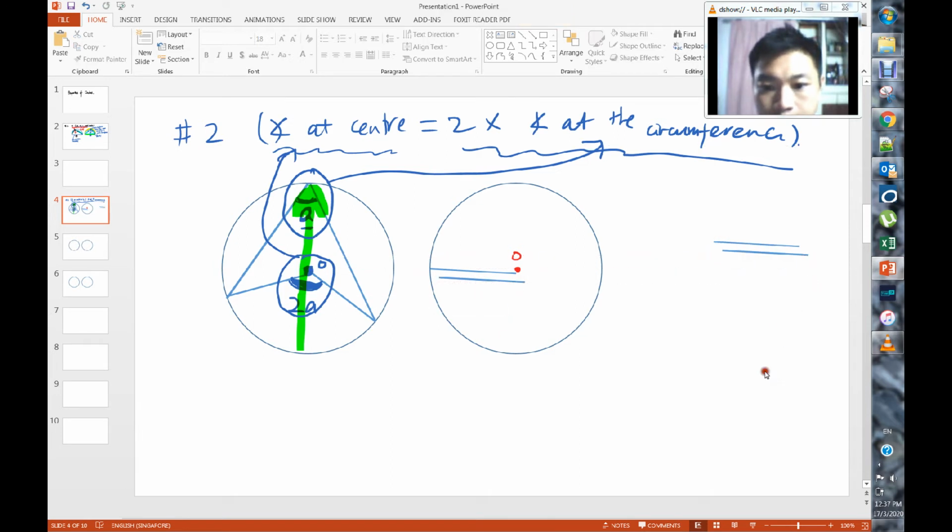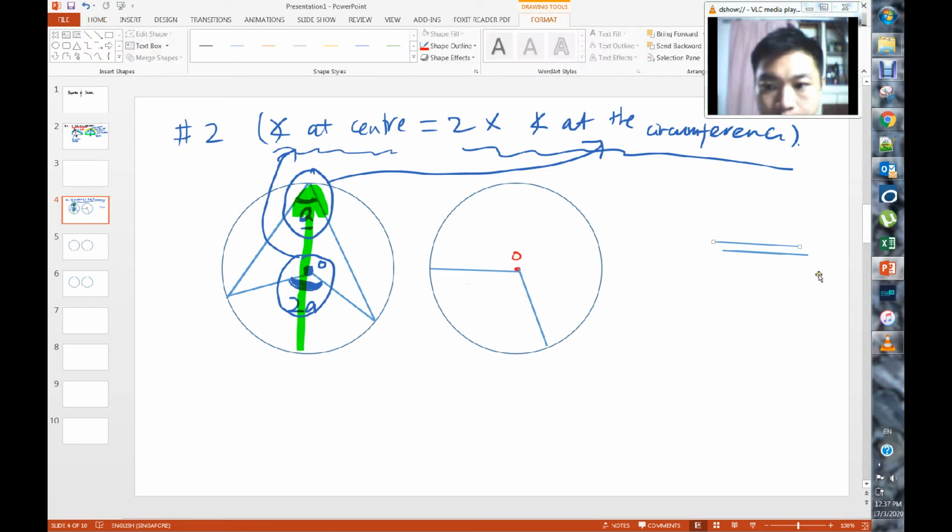Great, so you have the angle at center. Let me connect it. Great, just move it here, then move it here.